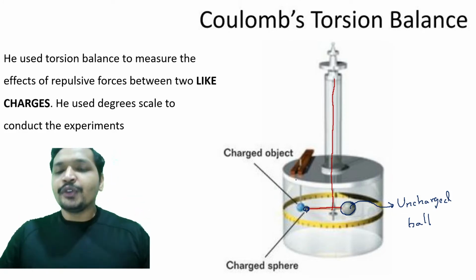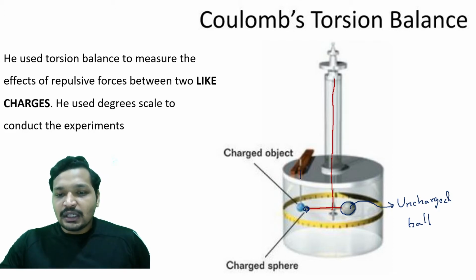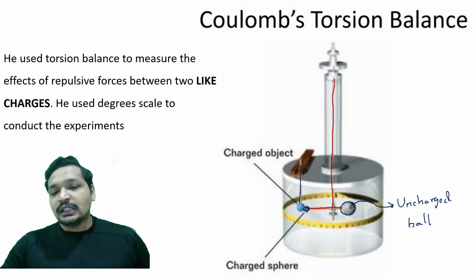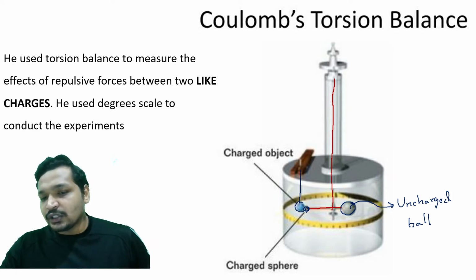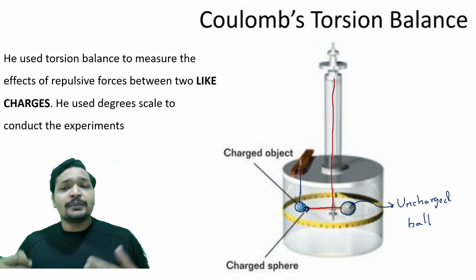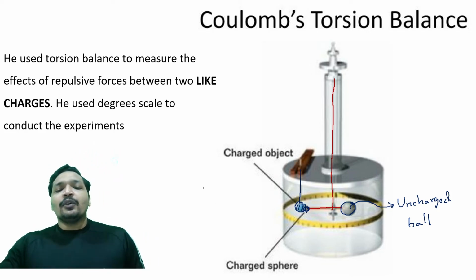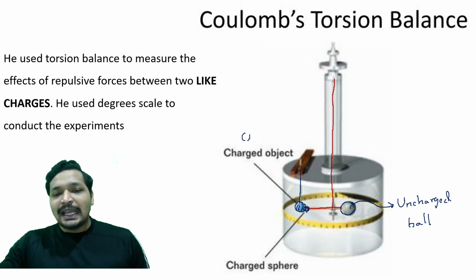Then you will suspend a charged object from outside. As you can see here, a similarly charged object was suspended during Coulomb's torsion balance experiment. And then what would happen if they are both of the same charge, like charges?